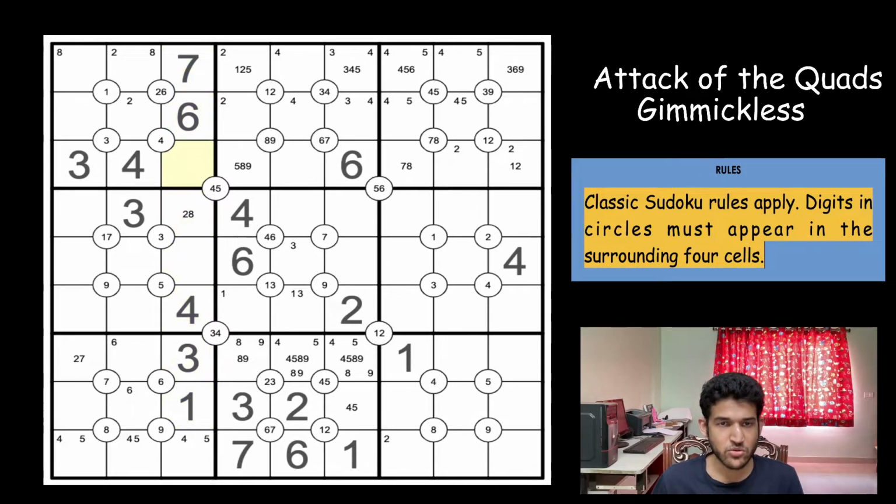And you can't have a 2, you can't have an 8, so this must be a 5 or a 9. Wow, this is nice. If you look at this row, where does the 1 and 2 go? I was looking at this circle and suddenly I noticed that there are only 2 cells for the digits in this quad to go, and these 2 are those cells. This must be 1 and 2.